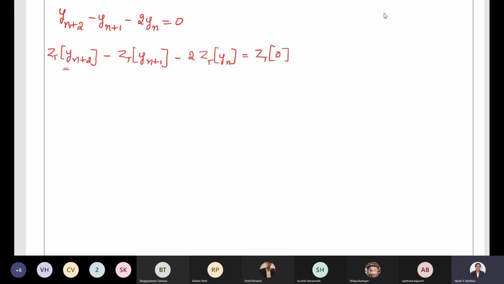We know Z transform of y(n+2) is Z square into y bar of Z minus y0 minus y1 into Z power minus 1, and Z transform of y(n+1) is Z into y bar of Z minus y0.